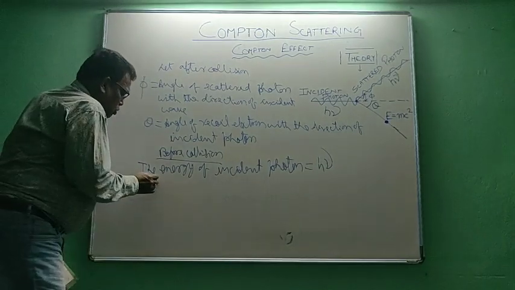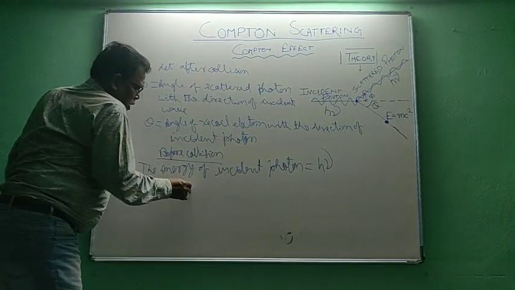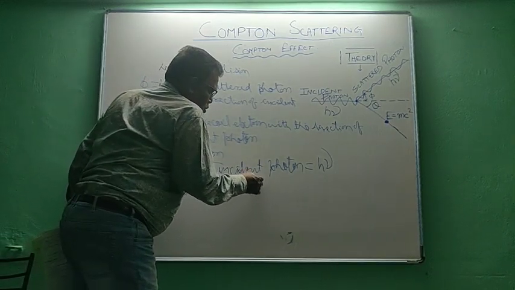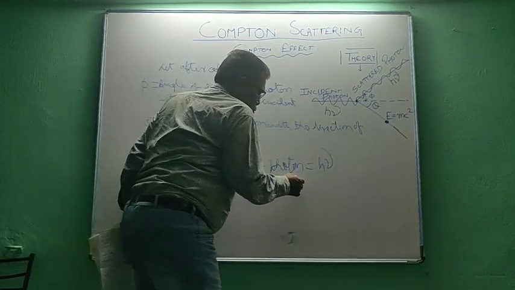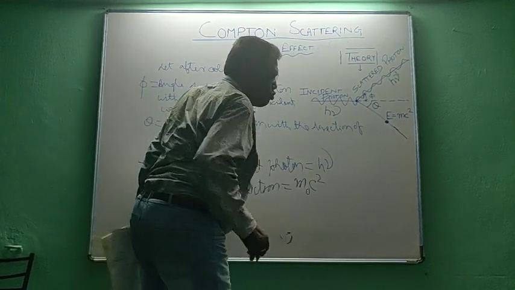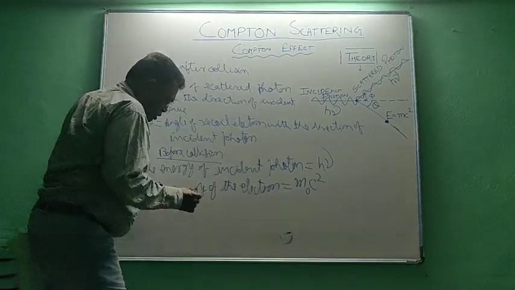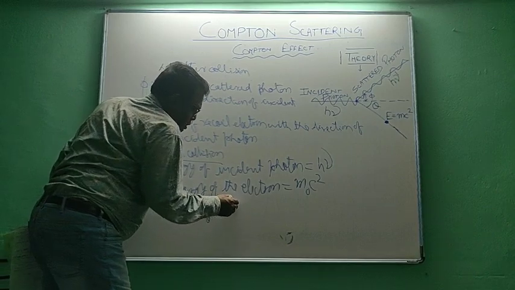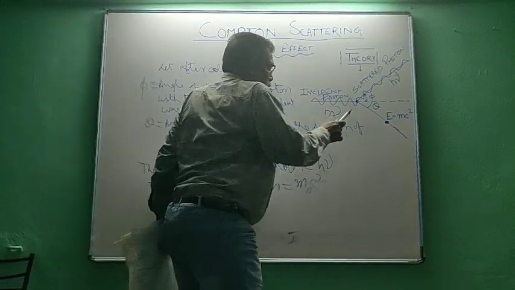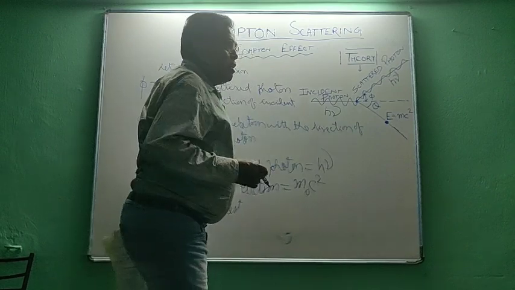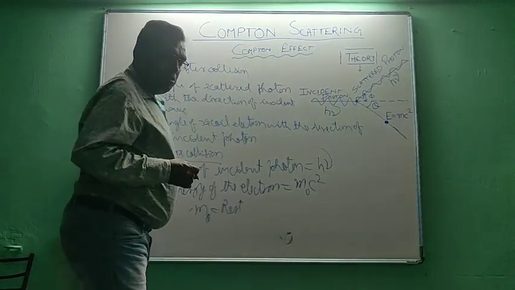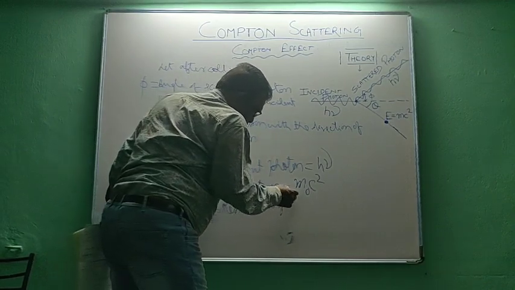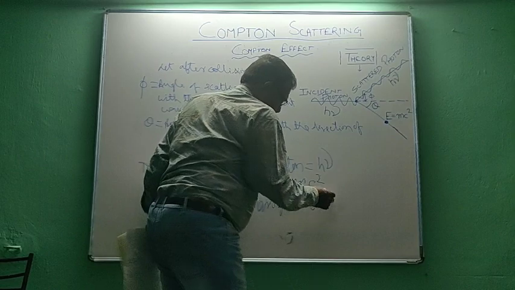The energy of the electron is equal to m naught c square, where m naught is the rest mass of the electron, because this electron of the scatterer is considered at rest before collision, so it is called the rest mass of the electron.